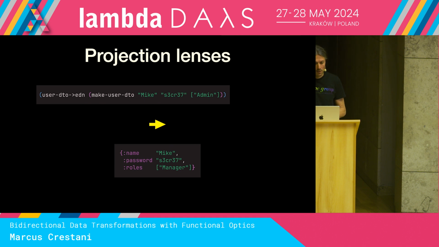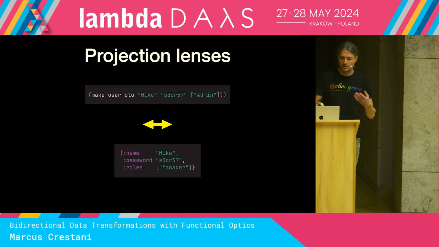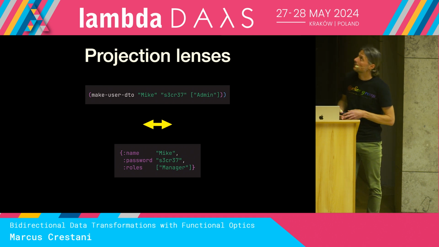So it looks like this if you use that. You can just call the EDN to user DTO lens with the user data structure, and that evaluates to the EDN representation, here to our simple keyword value map. And of course, it is bidirectional. It also works the other way around by just inverting the projection lens.